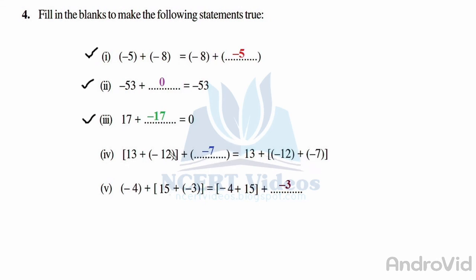So this is just we are using the properties, not doing actual calculation. Now here you can see in first left hand side the last two integers are bracketed, whereas right hand side first two. Now minus 3 is left, therefore we will use minus 3 because integers are associative over addition. That was your last question.